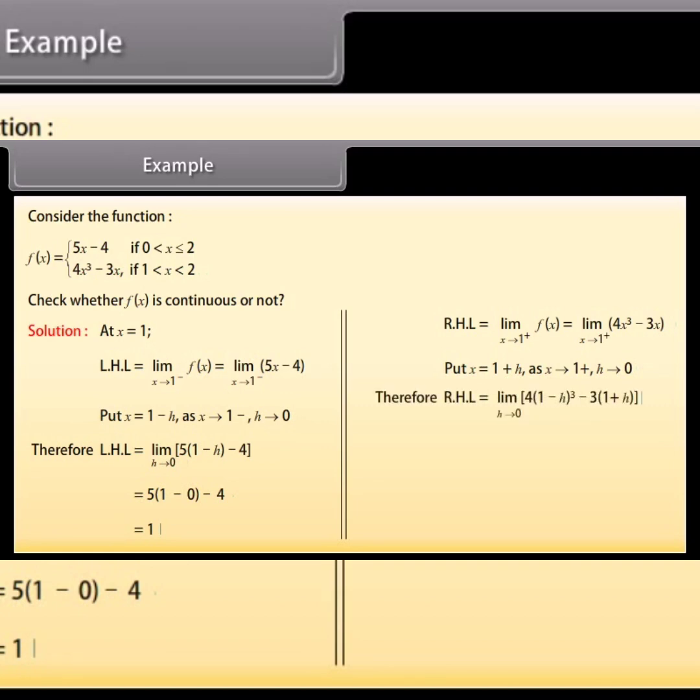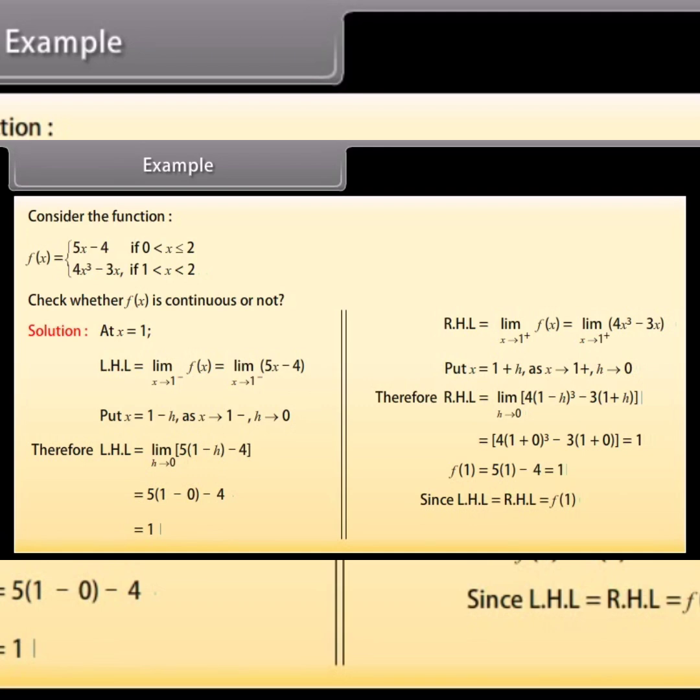Therefore, right-hand limit is equal to limit h approaches 0 of 4 into 1 plus h cube minus 3 into 1 plus h is equal to 4 into 1 plus 0 cube minus 3 into 1 plus 0 is equal to 1. F of 1 is equal to 5 into 1 minus 4 is equal to 1.